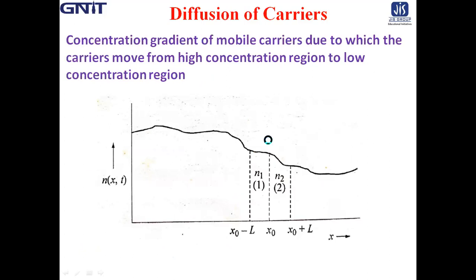So apart from the drift of carriers in an electric field, another transport phenomenon occurs in a semiconductor in the absence of an electric field, where there is a concentration gradient of mobile carriers, due to which the carriers move from the high concentration region to the low concentration region. This phenomenon is called diffusion, which is random motion of charge carriers.